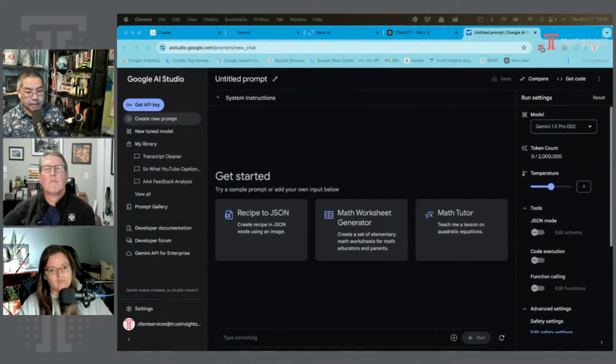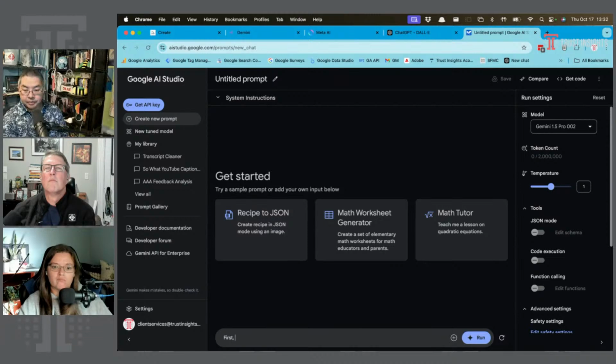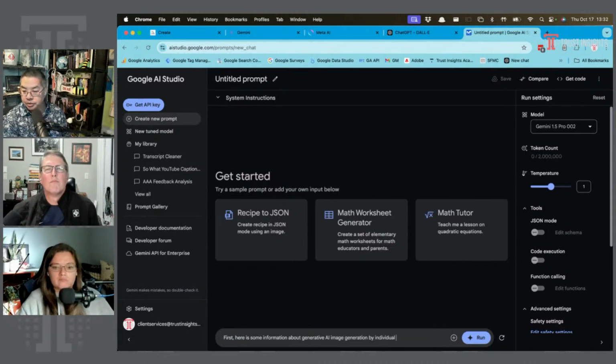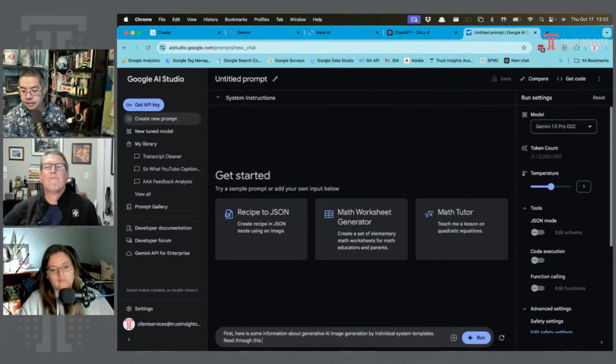So let me go back to my screen sharing. If we go back to the instructions that are in the prompt template, I can give those instructions to the model and say, first, here is some information about generative AI image generation by individual system templates. Read through this and respond okay if you understand it.